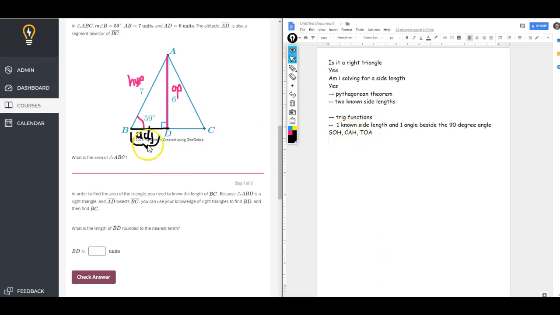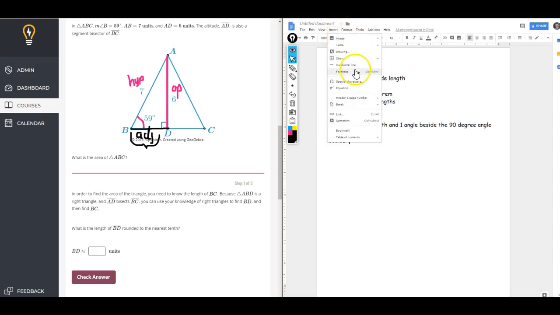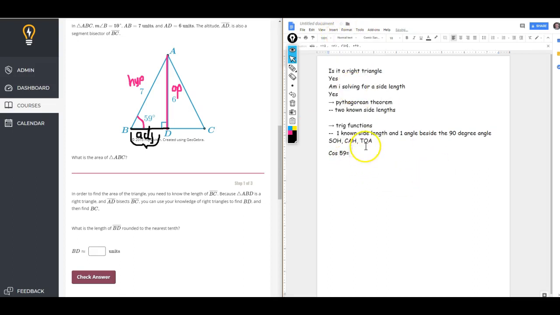I'm going to use that one because I want to find the adjacent side length and I have a hypotenuse side length. So we have cosine of 59 degrees is going to equal the adjacent side length, which I do not know. I'm going to label it as A, and the hypotenuse, which is 7.